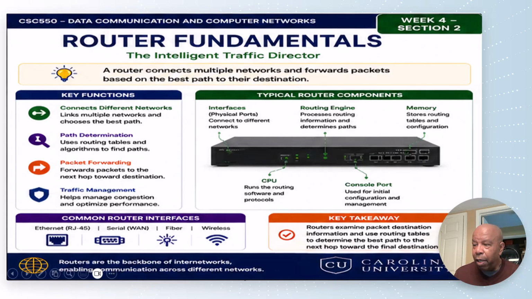The key takeaway: routers determine the packet destination. They use routing tables to determine the best path to the next hop. The routing table is not the direct path, but the path and the hops that the data is going to have to take in order to get to its final destination.